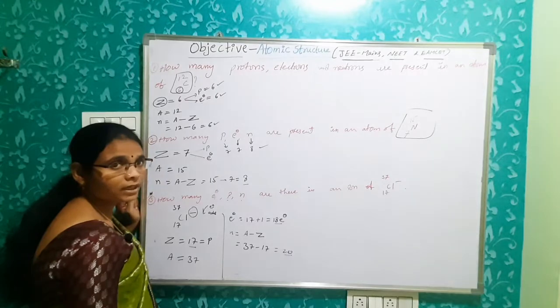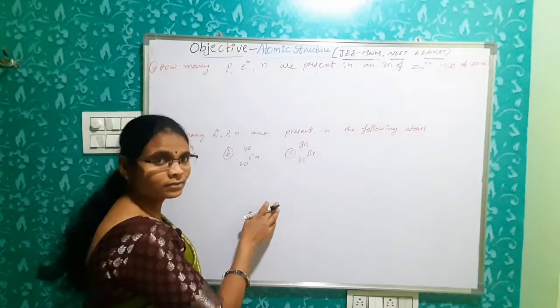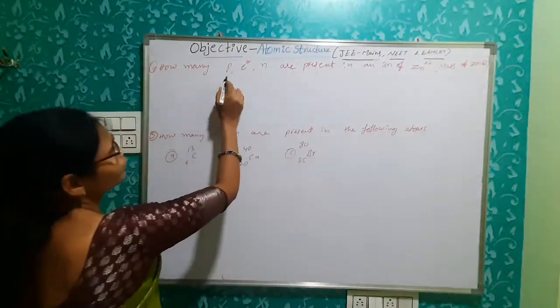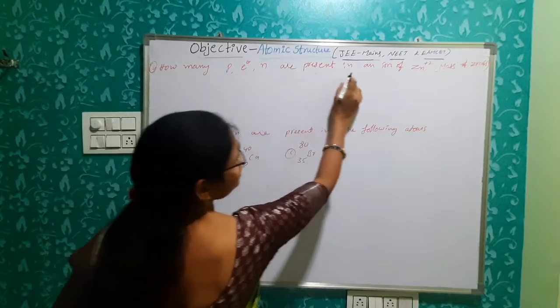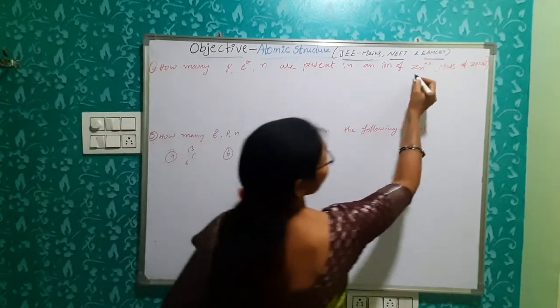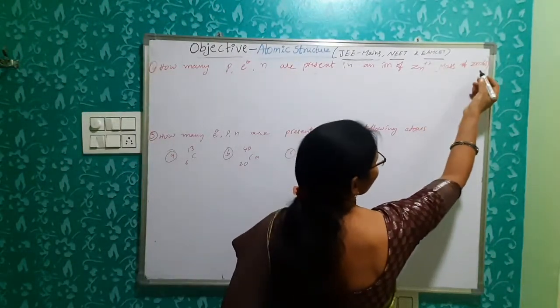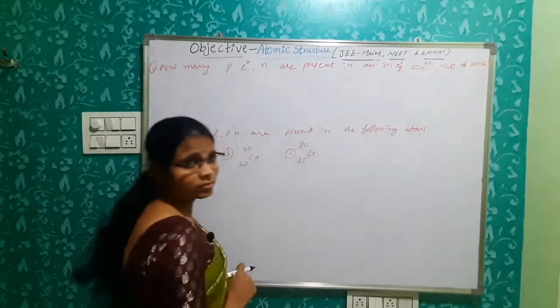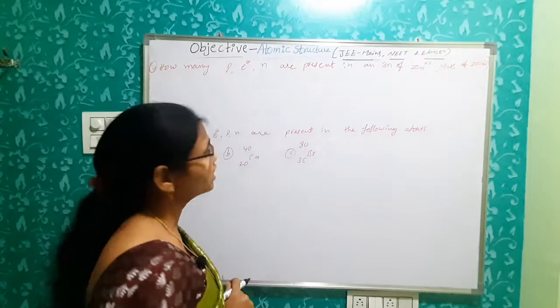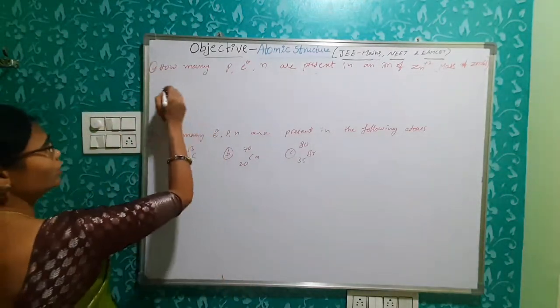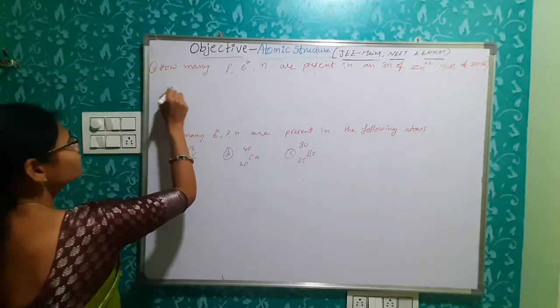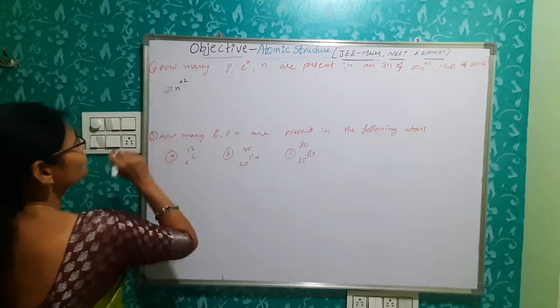Clear? Next, how many protons, electrons, neutrons are present in an ion of Zn plus 2? Mass is given as 65 in the bracket. Okay. So simply, how to write the element Zn plus 2.